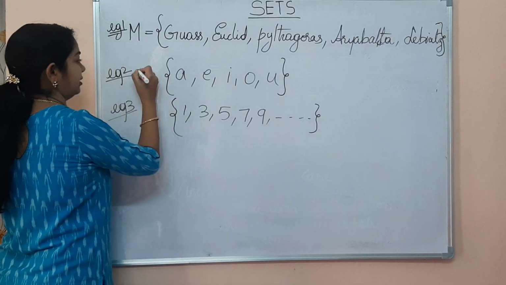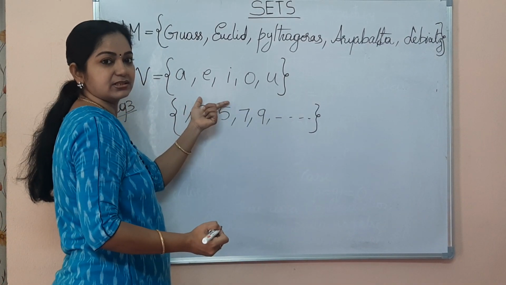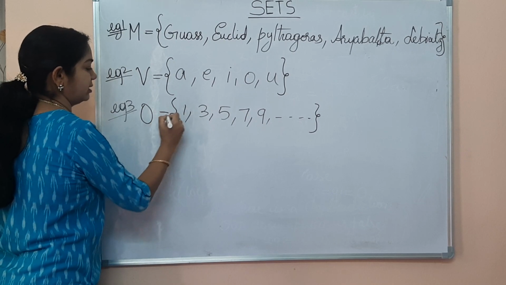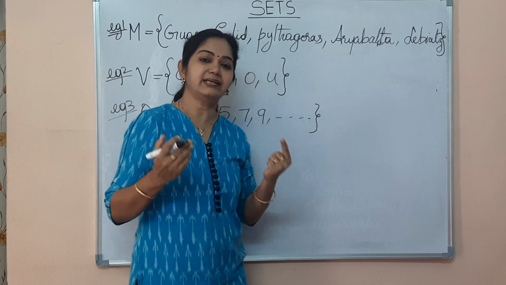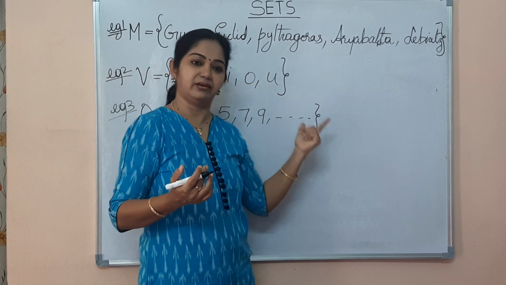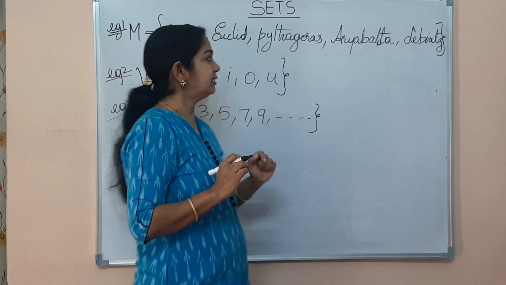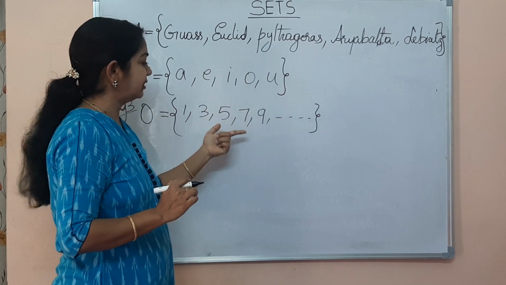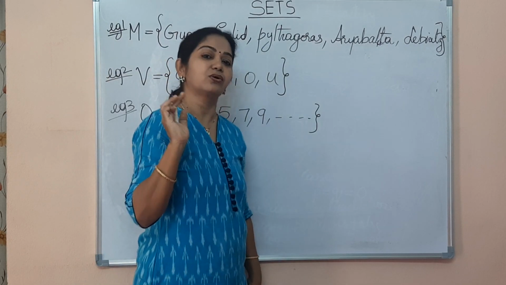If I say V set, it possesses the vowels, and if I say O, this is the set of odd numbers. That means a set is a well-defined collection of objects or things or ideas having a common property. Here the common property is that they are mathematicians, here they are vowels, here they are odd numbers. So in all of them they have a common property.